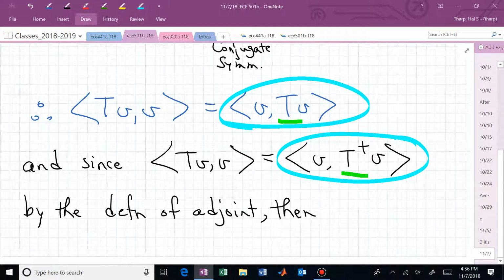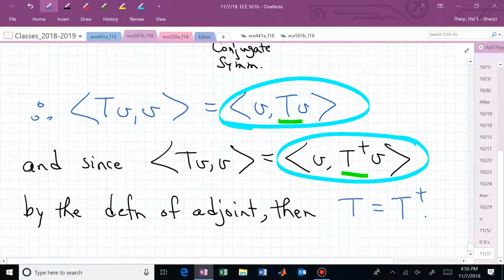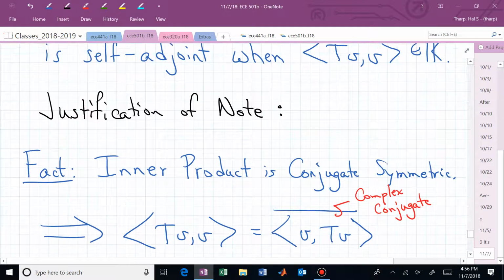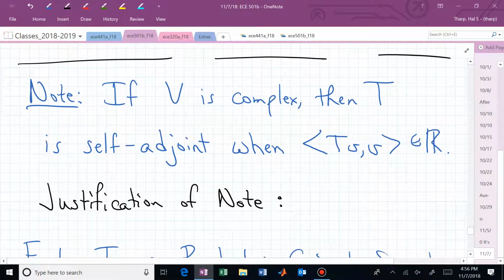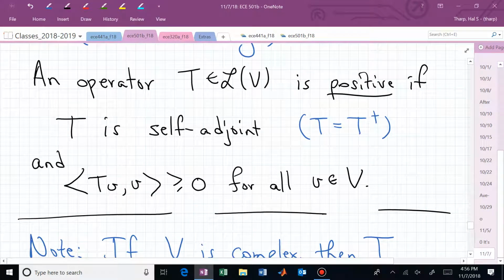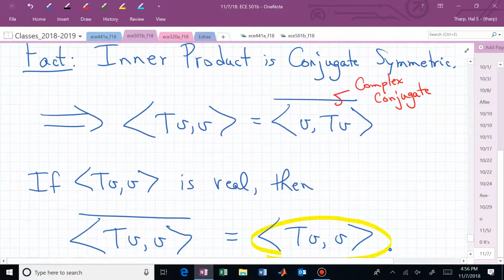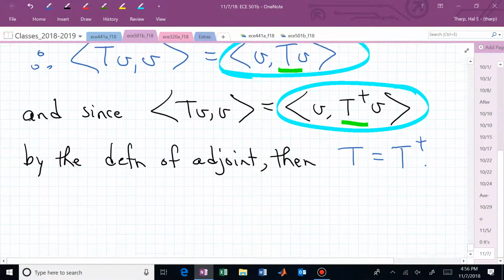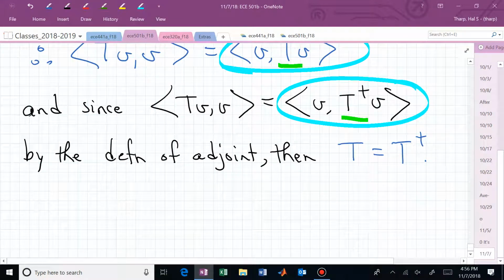So then T is equal to T dagger, or T dagger is equal to T. And I think that's what I was wanting to show here. With T being self-adjoint, this inner product is going to be real. And now I've shown that if it is real, I have to have T equal to its adjoint.